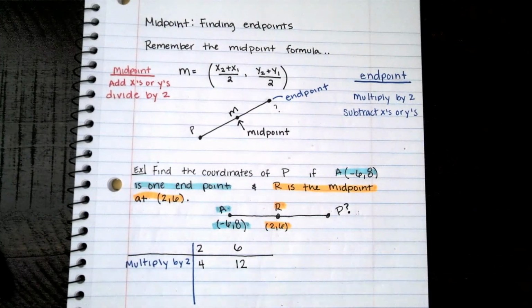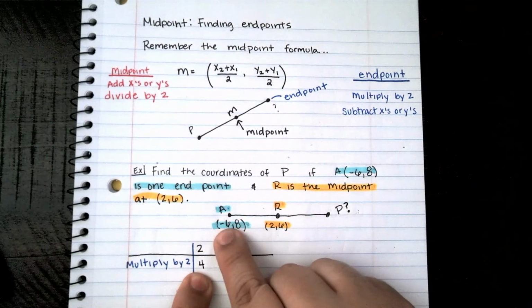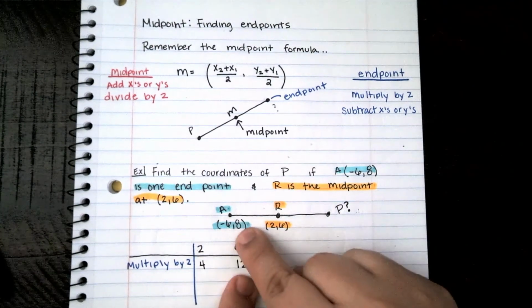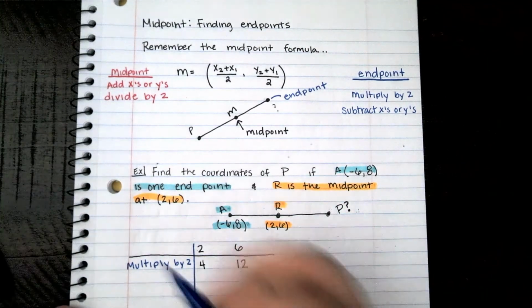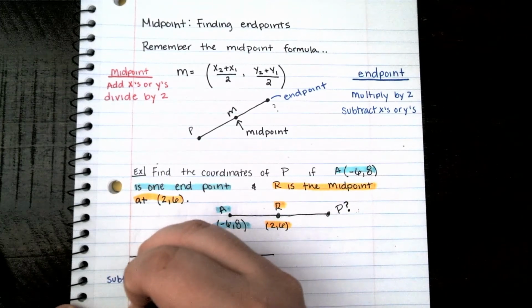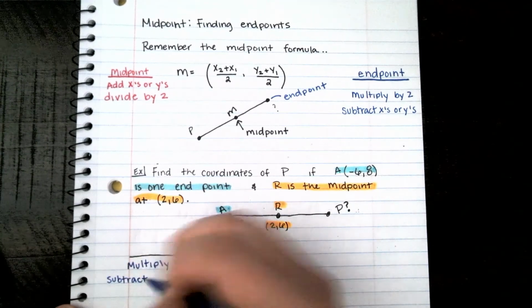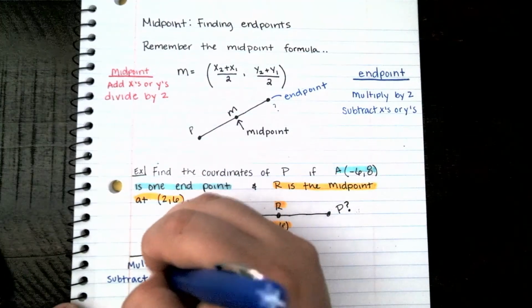So I need to subtract 4 with this x, and the 12 with that 8. Okay? So I'm subtracting the x's and the y's. So my next step is to subtract x and y.